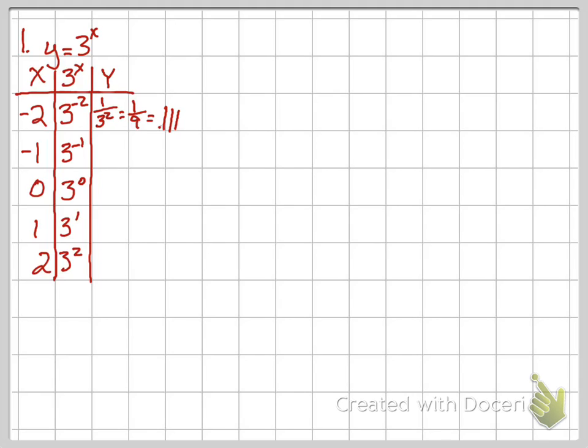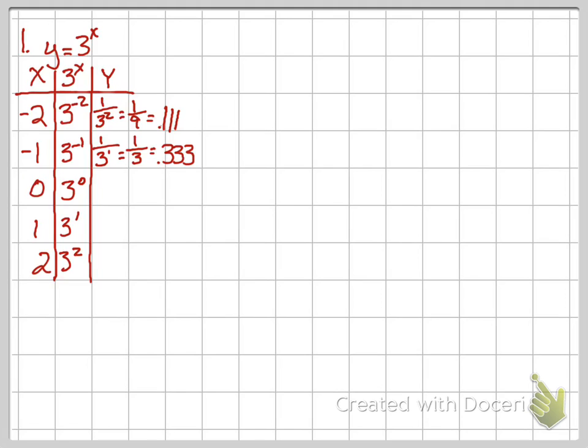We'll go to 3 decimal places with these. 3 to the -1 tells me I have 1 over 3 to the first power, or just 1/3, and 1/3 is equal to 0.333.